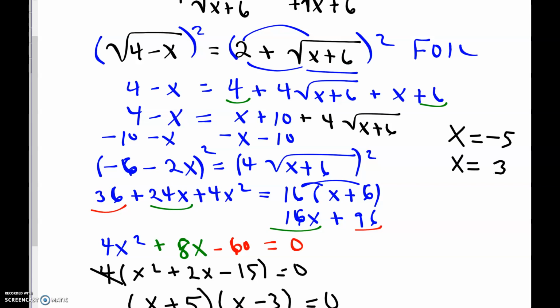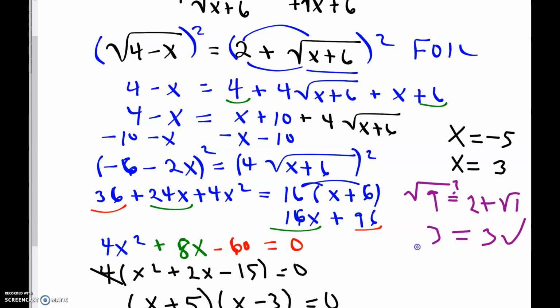If we plug in -5, we would have on the left hand side 4 minus -5, so the square root of 9. Does that equal 2 plus the square root of 1? From -5 plus 6, so 3. Does 3 equal 3? That does work out.